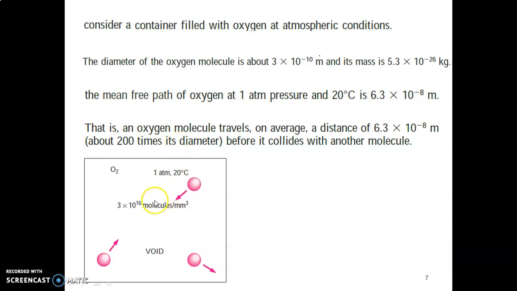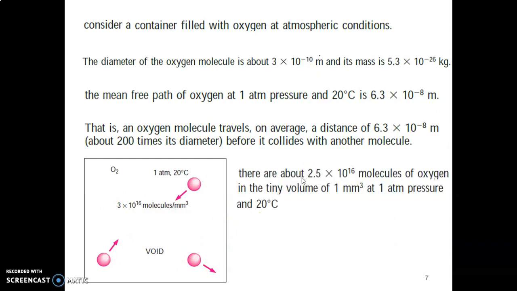So there will be a large gap between these molecules. There are about 2.5 × 10^16 molecules of oxygen in a tiny volume of 1 cubic millimeter at 1 atmospheric pressure and 20 degrees Celsius.